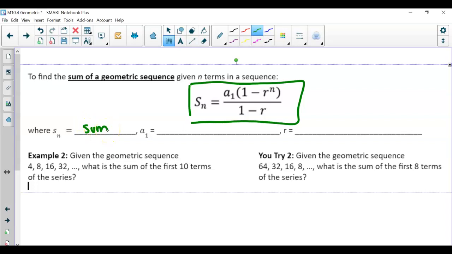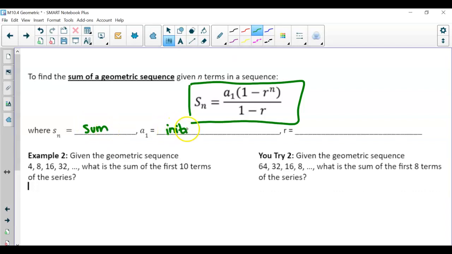A sub 1 is going to represent the initial value, the first term in our sequence. And then R, again, is representing our common ratio. So in order to calculate the sum of a geometric sequence, this is what we're going to be using here.